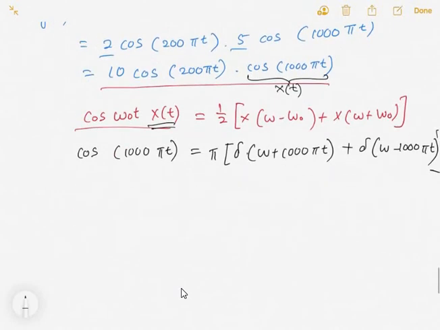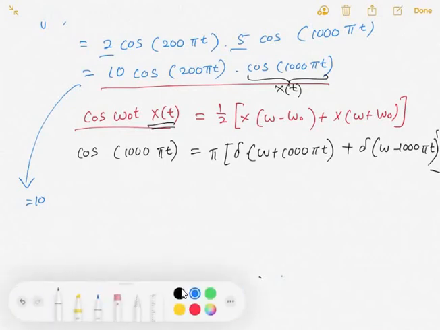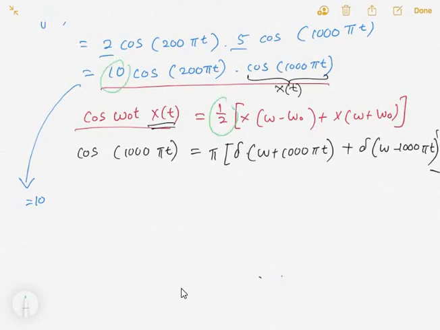Then we can continue. So we have 10, and then we have to combine both. So this is 10 and we combine with the half.